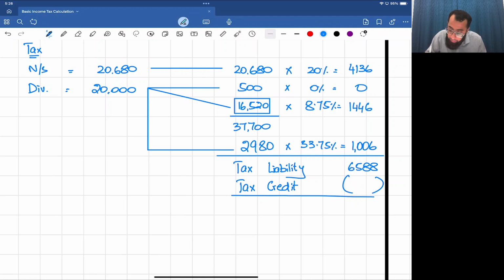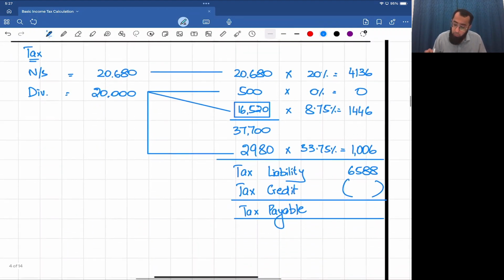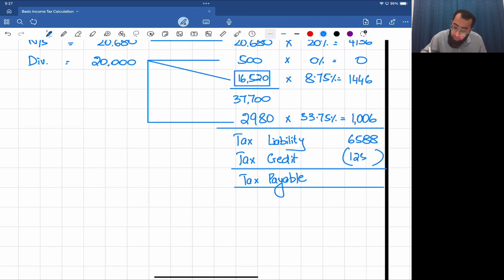You will adjust that to arrive at the value of tax payable. What was the credit? If you remember, real estate investment trust, you grossed up 5,000 to 6250. You adjust your credit 1250. And here you go. 5338.